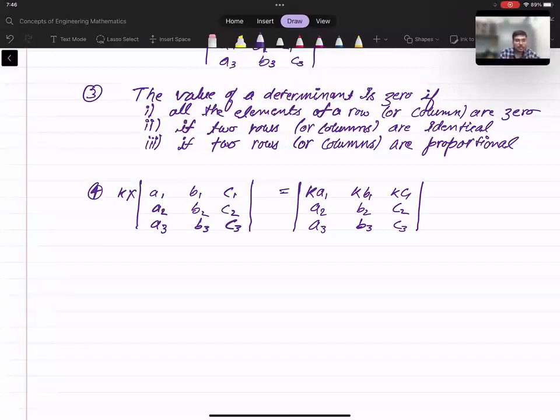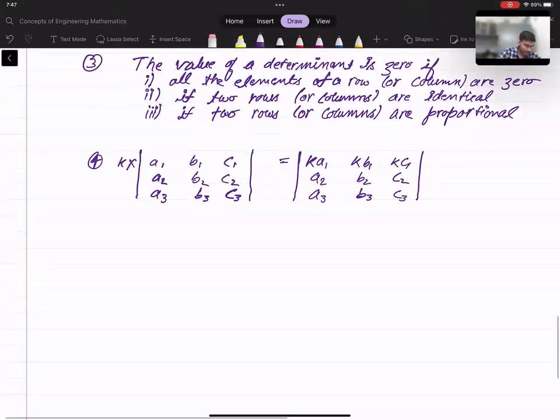Okay. So this was the next property, and now we have one more: we can write the determinant by adding fractional multiples, that is, we can add any row to another row in proper proportions. And in that case, the value of determinant will not get changed. So what I'm trying to say is, let us see with the help of this example again.